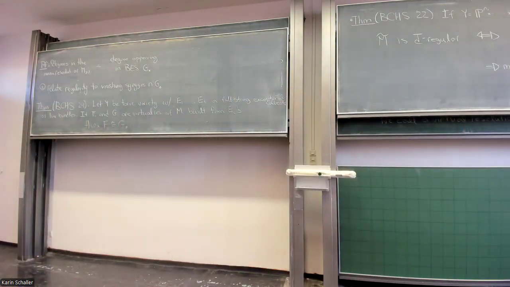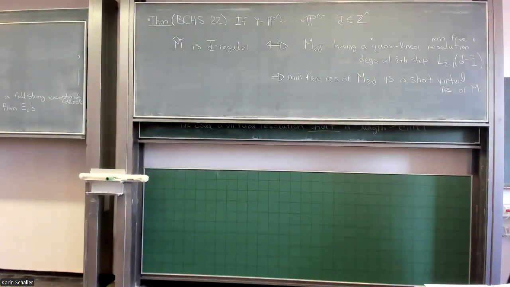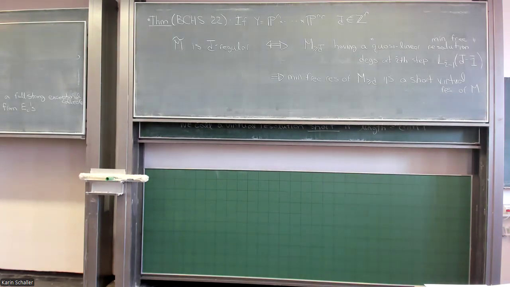And well, full strong exceptional collections don't always exist, but they do on a product of projective spaces, showing that the Berkesch-Erman-Smith construction and ours agree on the nose, and in fact, this provides a nice uniqueness result in a number of limited other settings as well. And so I'll end here. Thank you so much.